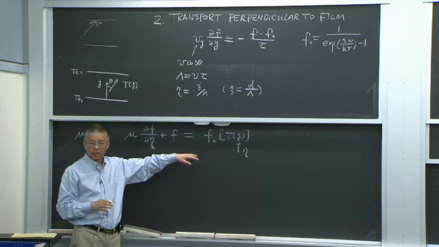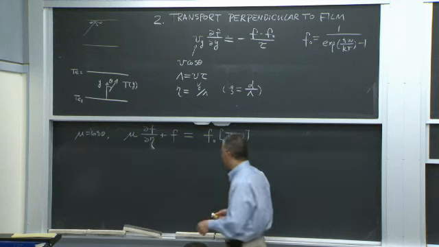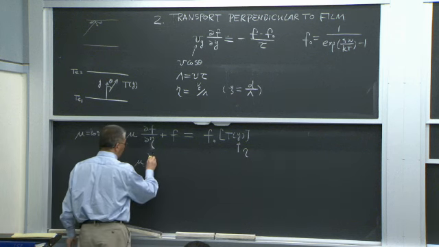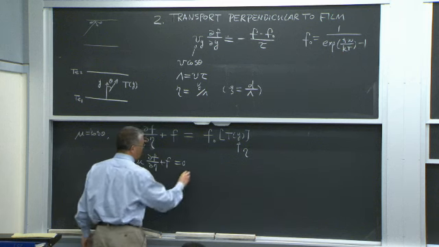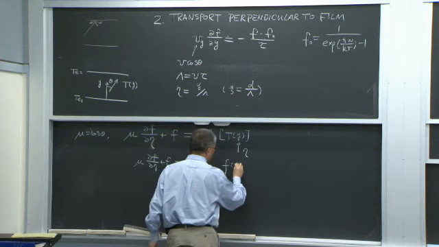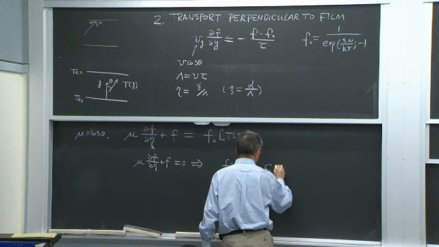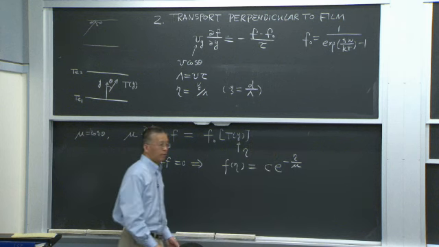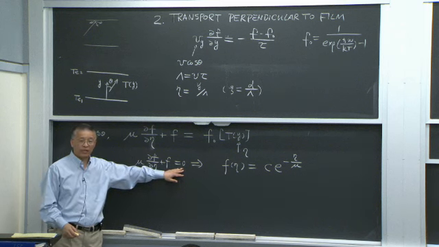To solve this first-order differential equation, the trick is first to solve the homogeneous equation, mu df/d eta plus f equals 0. You'll find this gives f(eta) as a function of, say, exponential of minus eta over mu. That's the solution for the homogeneous equation when the right-hand side is 0.